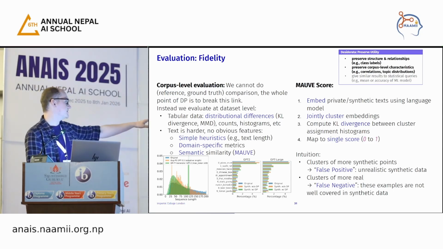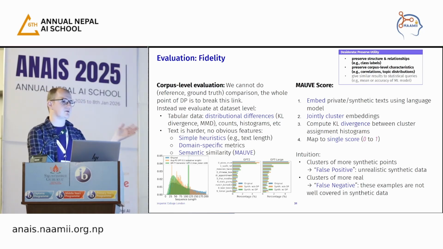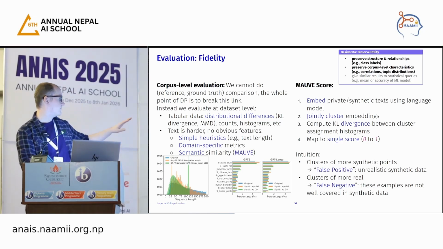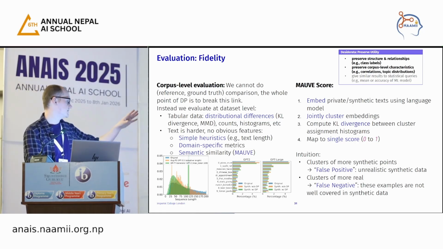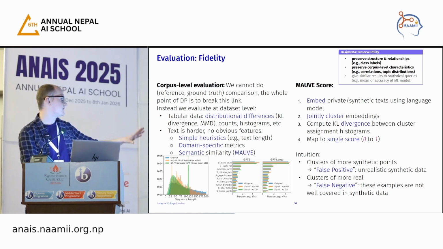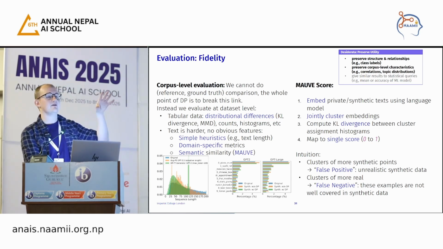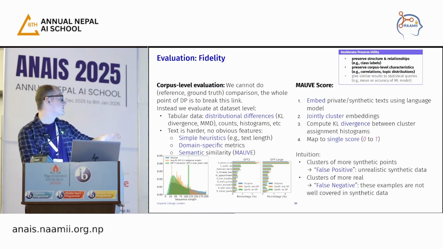So these synthetic data points are false positives. They don't actually represent any real data. On the other hand, if we have false negatives, clusters where there are more real data points than synthetic data points, these are regions in the space where the examples exist but have not been generated by the generator, so they're not well represented in the synthetic data.